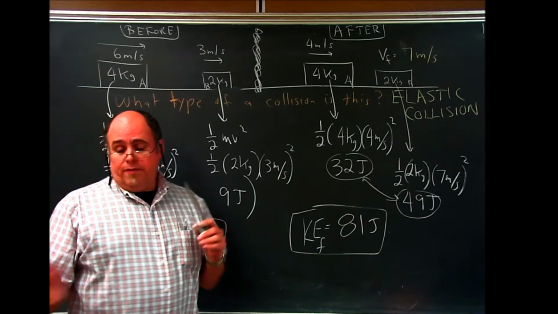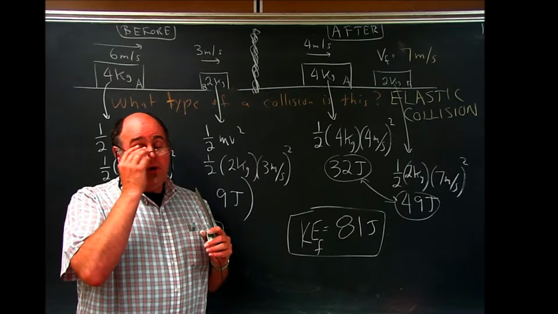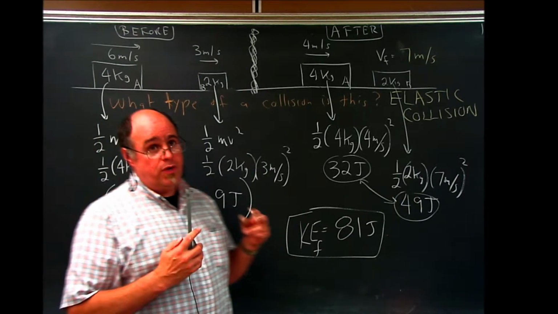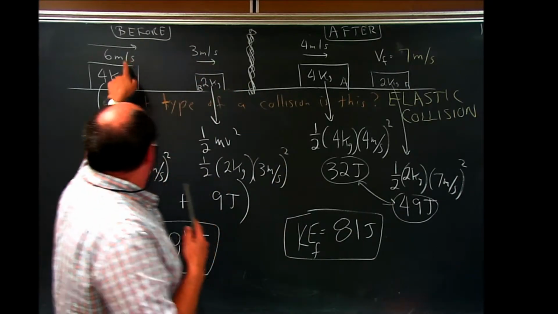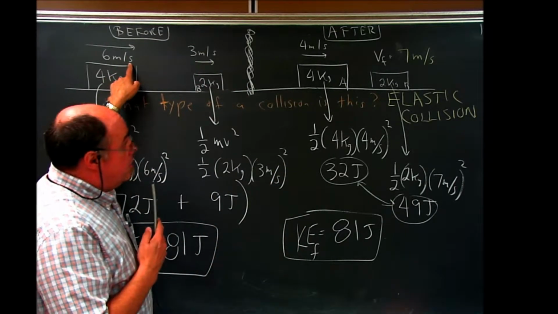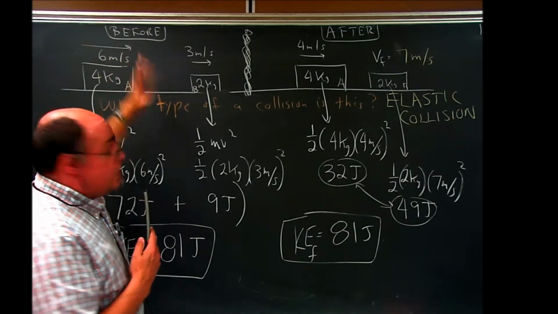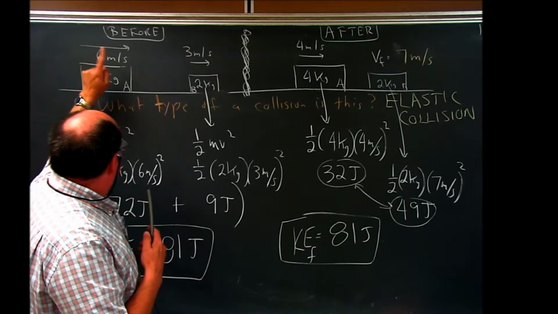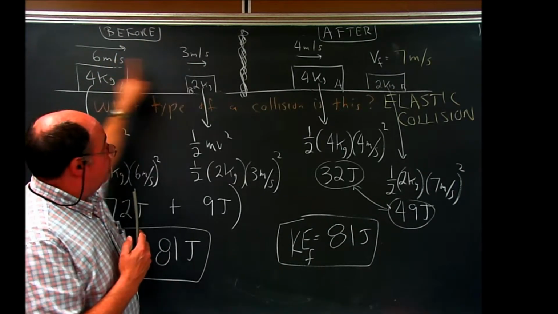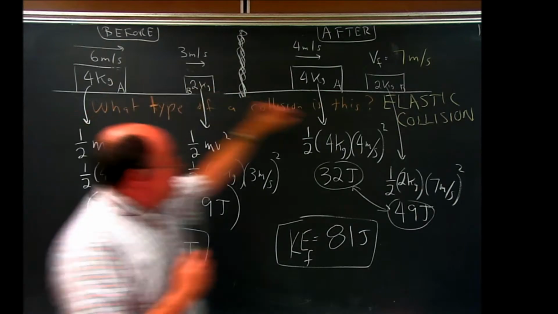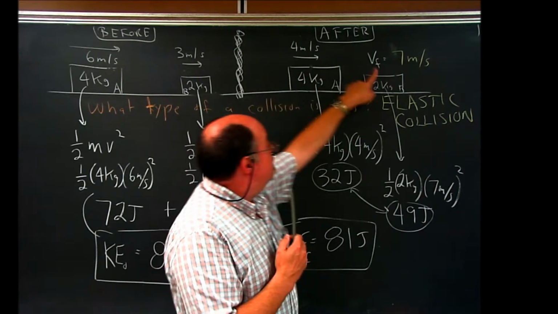With some time and experience, you learn a few tricks about this. If you notice the difference between the two velocities at the beginning, basically, if you take the A velocity minus the B velocity at the beginning, you end up with 3. And if you take the B velocity minus the A velocity at the end, you also get 3.